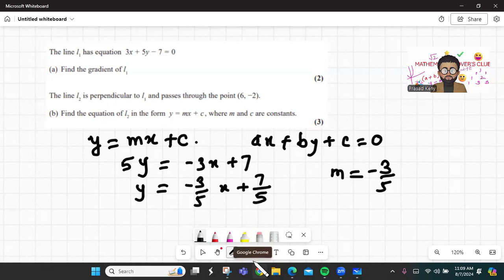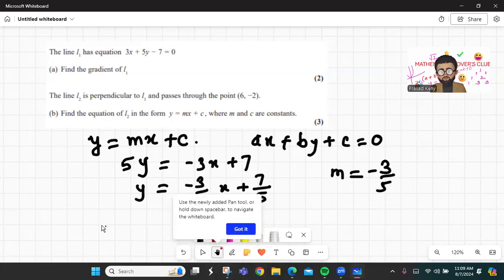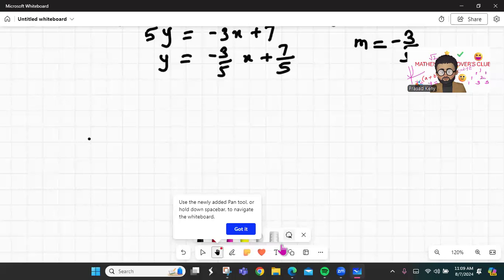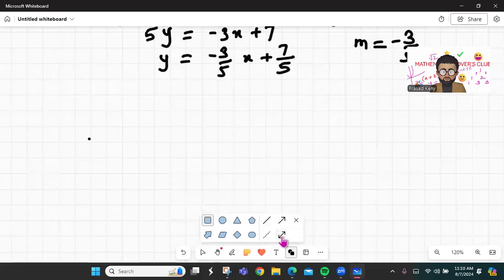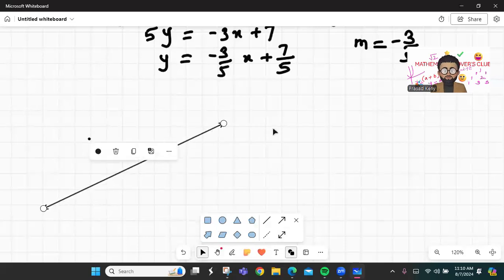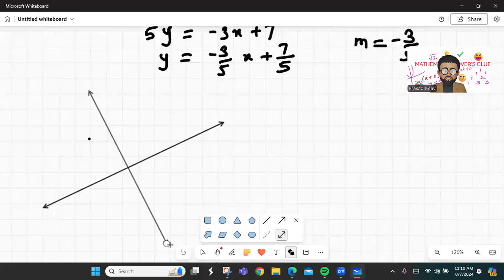Now, let us come to part B. So let us just sketch. So this is one line here, L1, and there is another line, L2.